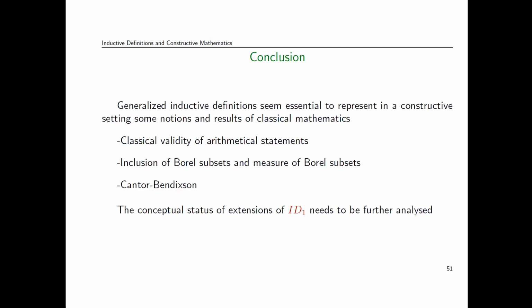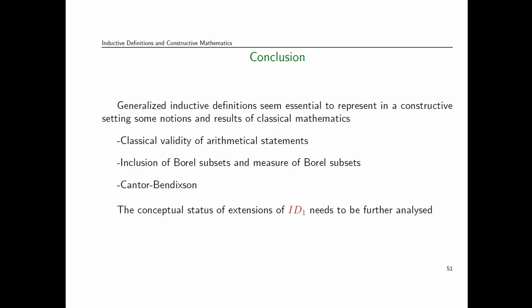So to conclude this talk, generalized inductive definitions seem essential to represent in a constructive setting some notions and results of classical mathematics. We saw examples from Gentzen, Novikov, and Lorenzen.